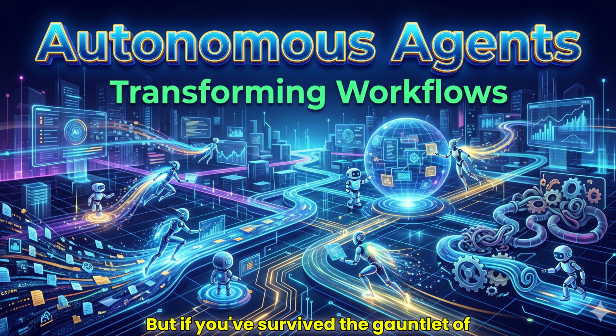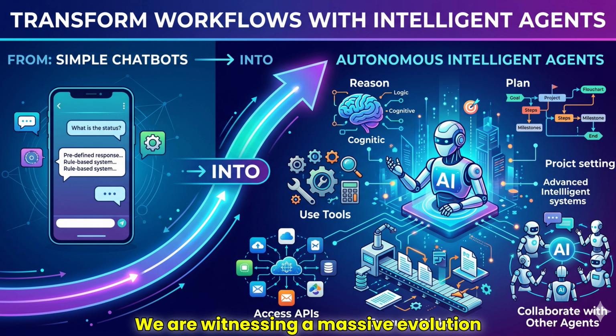But if you've survived the gauntlet of security reviews, you finally reach the final frontier of modern architecture. Step 5, autonomous intelligent agents, transforming workflows. This is where AI goes from being a passive encyclopedia to an active, working digital employee. We are witnessing a massive evolution right now. Think about it. Simple chatbots are passive.